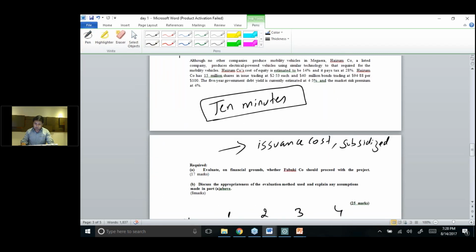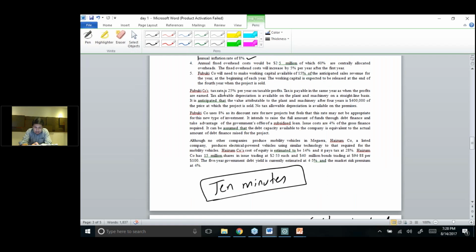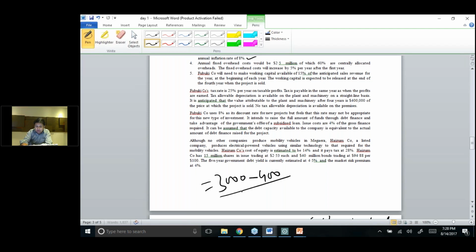Okay, let's move to the question again. Company tax rate is 25% on the taxable profit. Tax is payable in the same year when the profits are earned. Tax allowable depreciation is available on a straight line basis. It is anticipated that value attributable to the plant and machinery after 4 years 400,000. So the initial cost was 3 million. So the depreciation will be 3 million minus 0.4 million over 4.